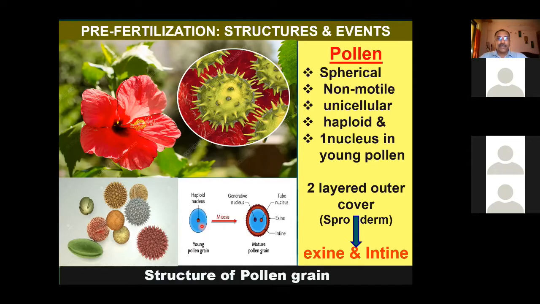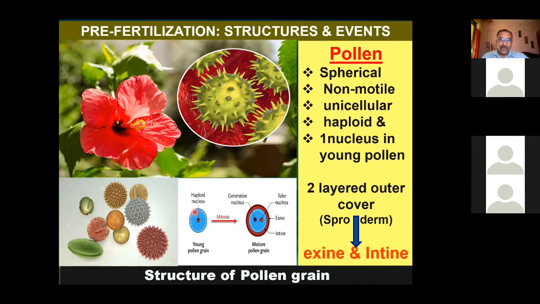Because already you know that the pollen grain is produced from the microspore mother cell by means of reduction division. So this pollen grain is haploid in nature. This is the condition of a young pollen grain.